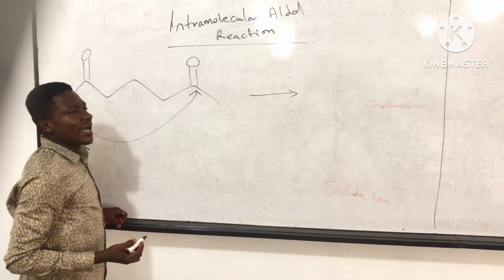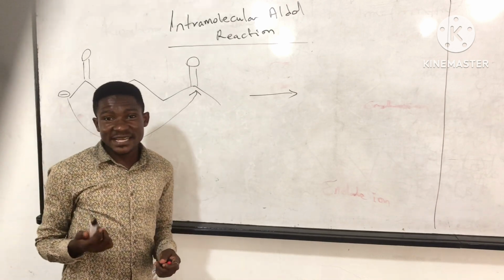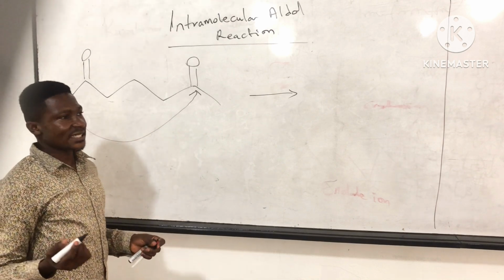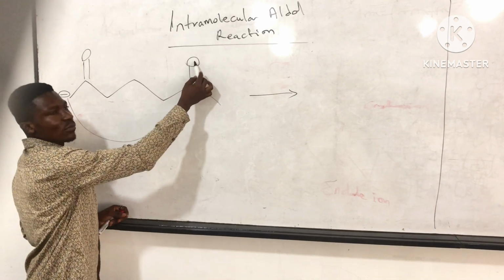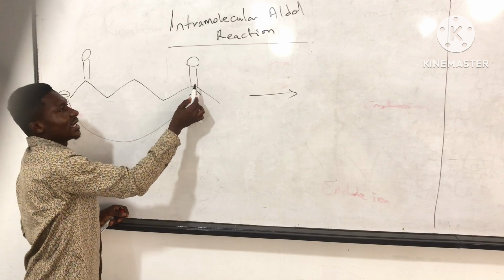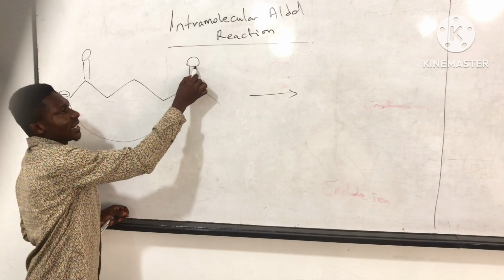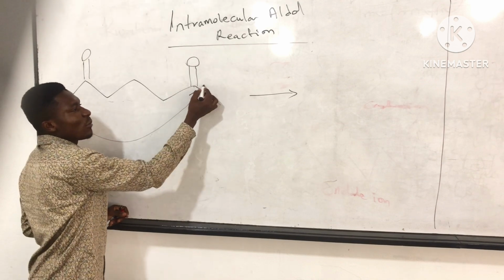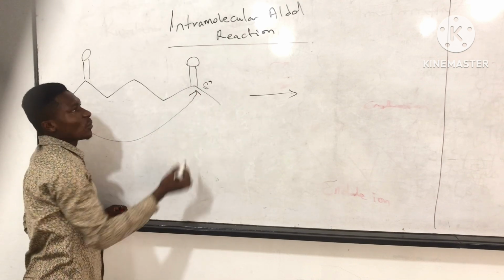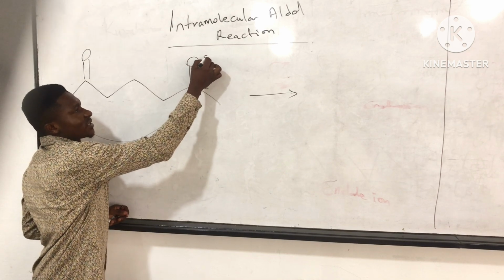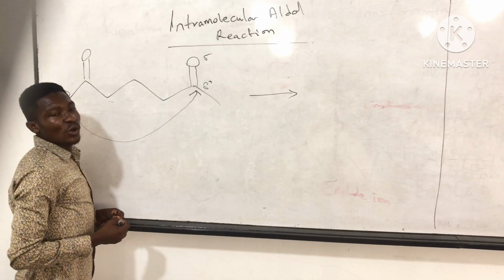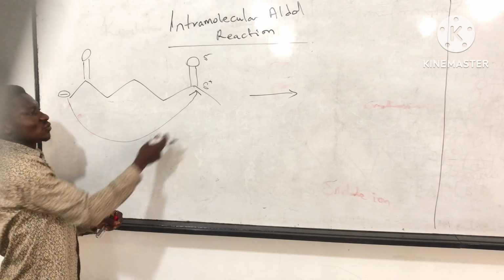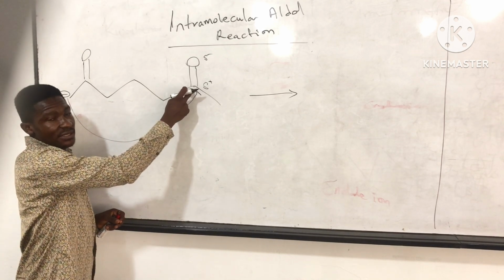In my previous video, I explained this using polarization of bonds, in a sense that because oxygen is more electronegative than this carbon, it ends up polarizing the bond, and then electrons get pulled towards oxygen more than carbon. So this carbon becomes partially positively charged, whilst the oxygen here becomes partially negatively charged. Because of that, this negative charge has gotten that opportunity to interact with it. Do you get it? Right.